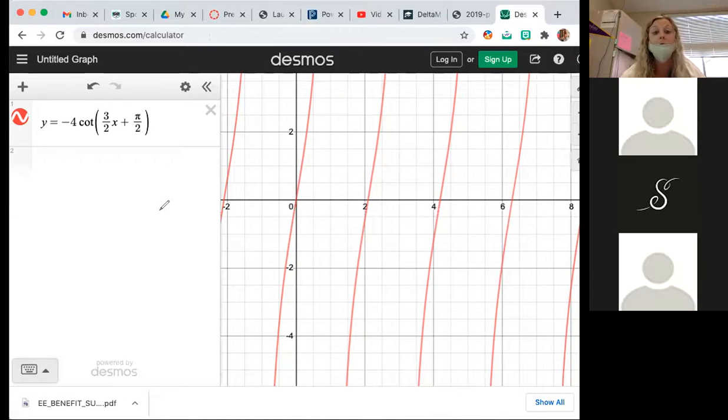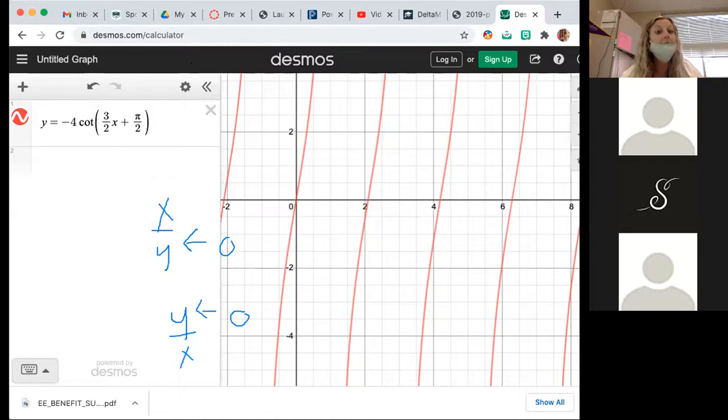You shouldn't have to. Cotangent is x over y, because it's the reciprocal of tangent, which is y over x. The cotangent is undefined when the y is 0. So if the y is 0 for tangent, that means the whole tangent would be 0, right?